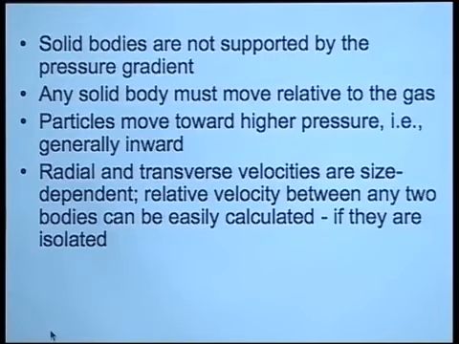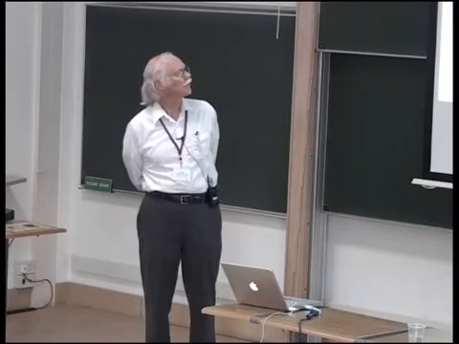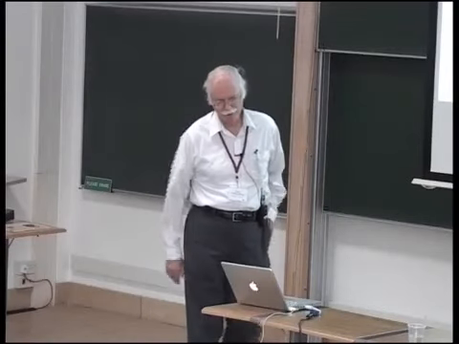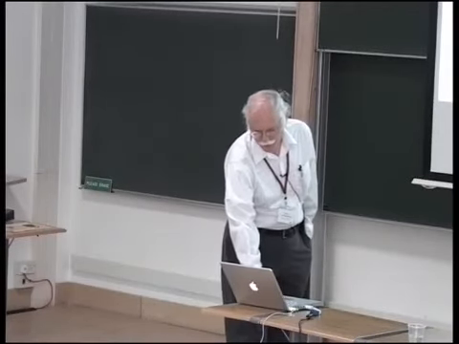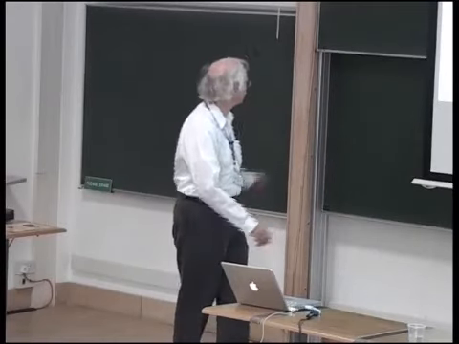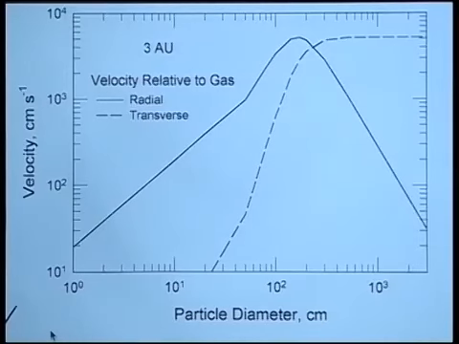The velocities that they are moving at depend on the size of the particles, and so in principle it would be quite easy to determine the relative velocity between any pair of particles of different sizes if they were isolated bodies. Now here is a diagram of particle velocity with respect to the gas in a typical nebula model.